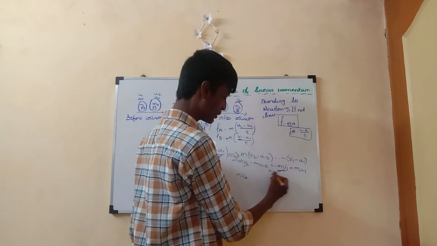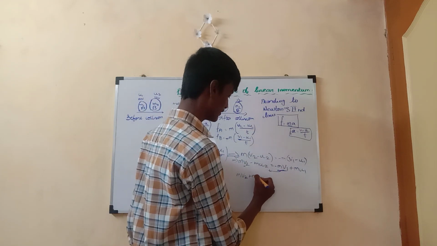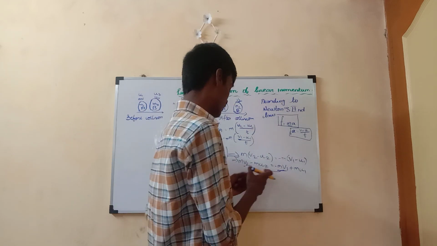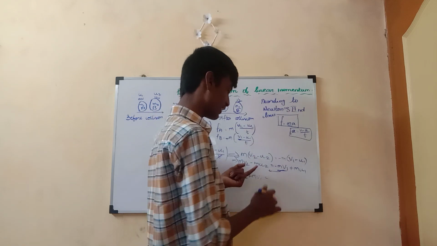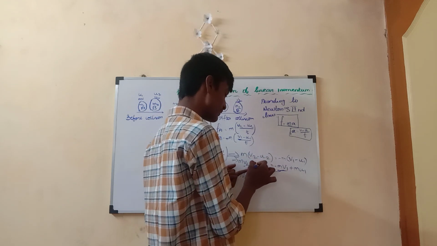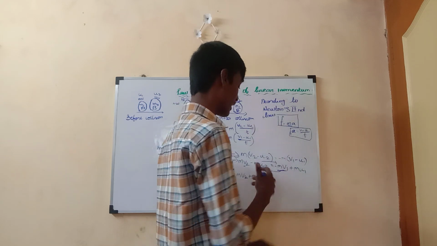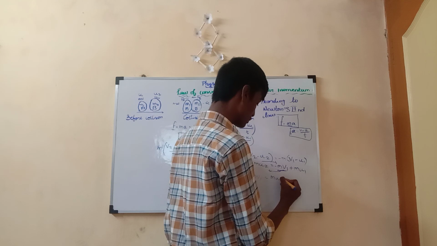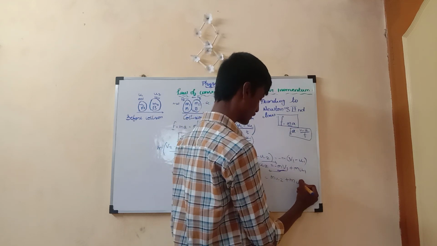Then minus m u2 on the right becomes plus m u2, plus m u1.